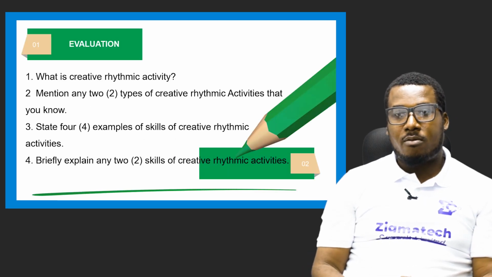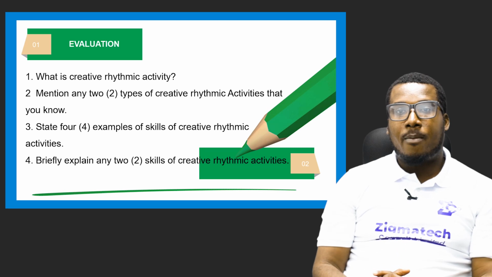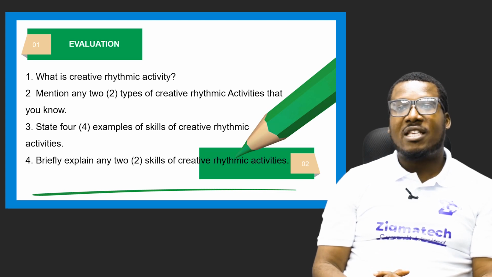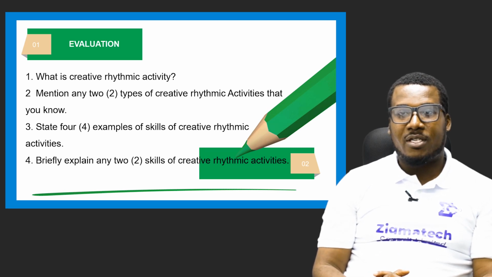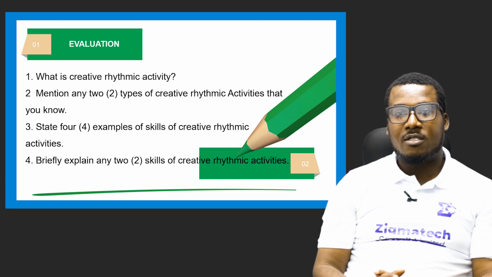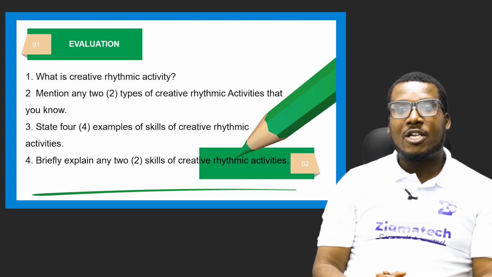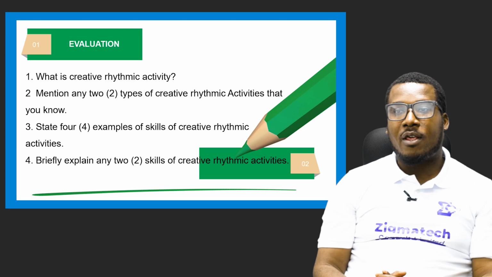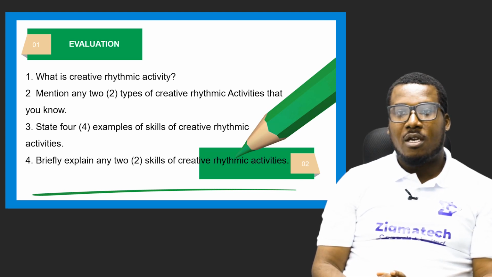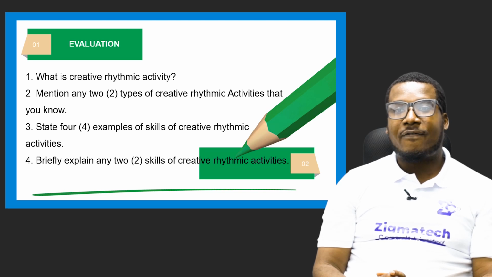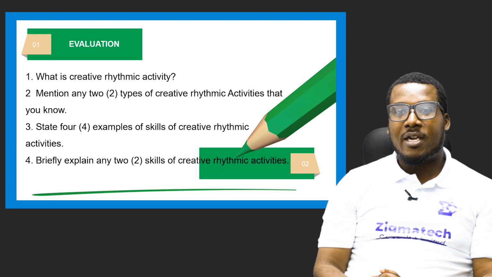Now, your evaluation before we end for today. Number 1, what is creative rhythmic activity? Number 2, mention any 2 types of creative rhythmic activities that you know. Number 3, state 4 examples of skills of creative rhythmic activities.